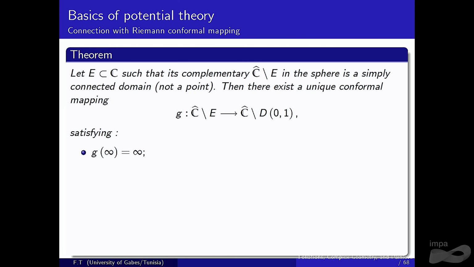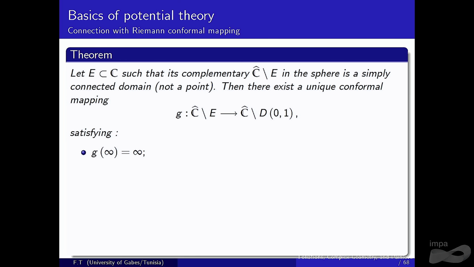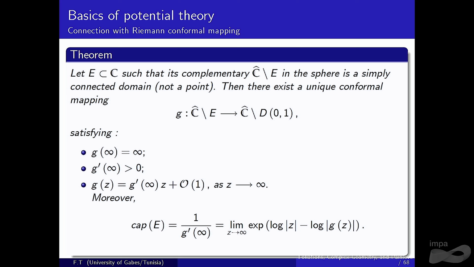Here is another version of the Riemann conformal mapping theorem, which asserts that given a subset E such that its complement is a simply connected domain in the sphere, then there exists a unique conformal mapping G from the sphere minus E to the sphere minus, not the disk here, the closure of the disk, satisfying these normalization conditions: G of infinity equals infinity, G prime of infinity is positive, and G of z equals G prime of infinity times z plus lower-order terms. Moreover, what is the connection with the capacity?